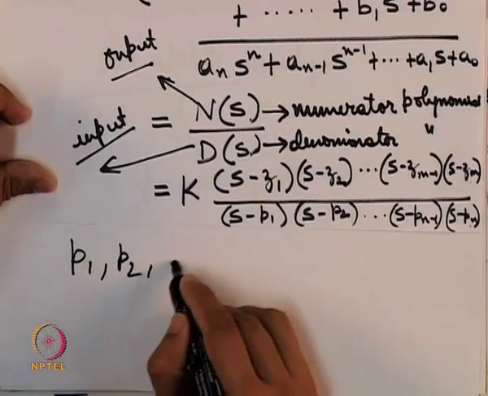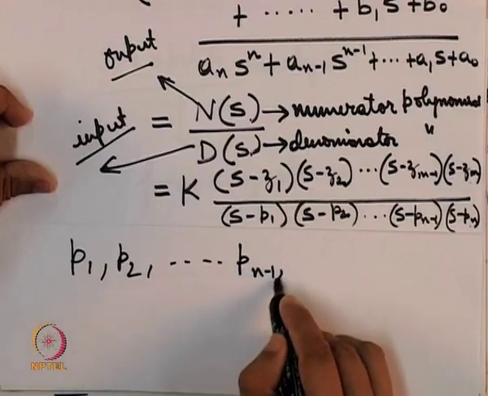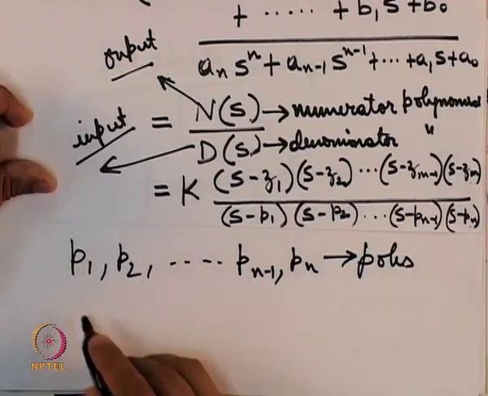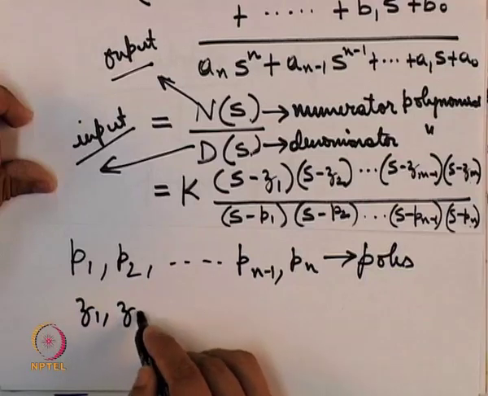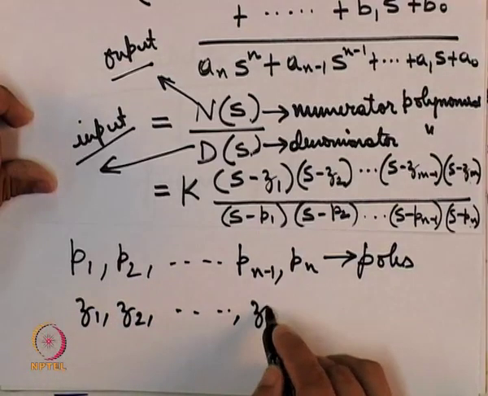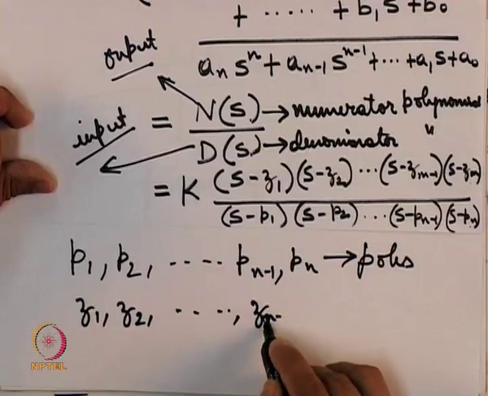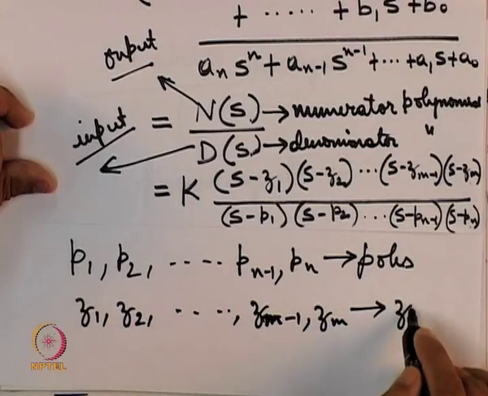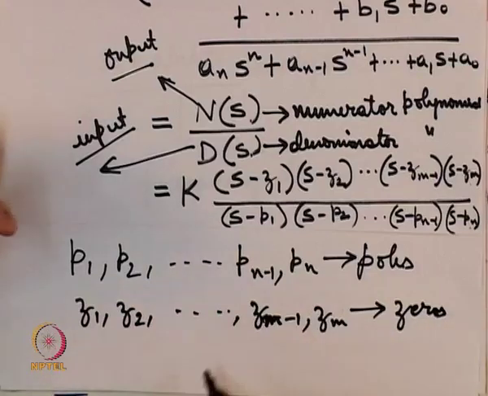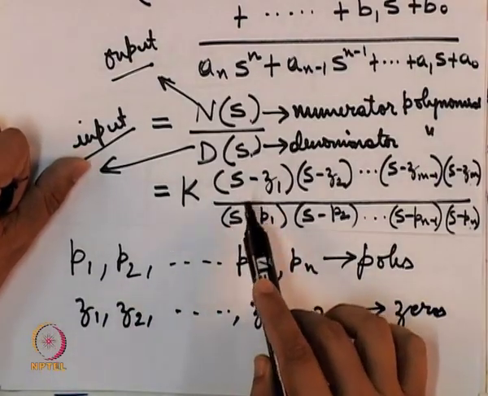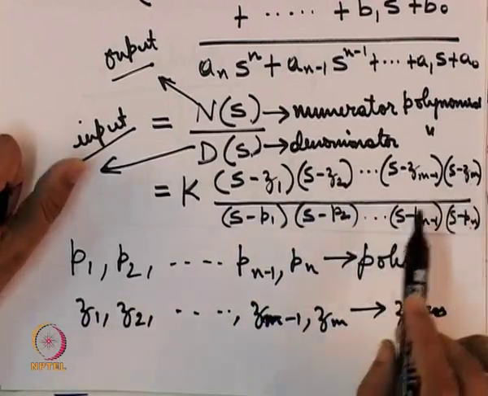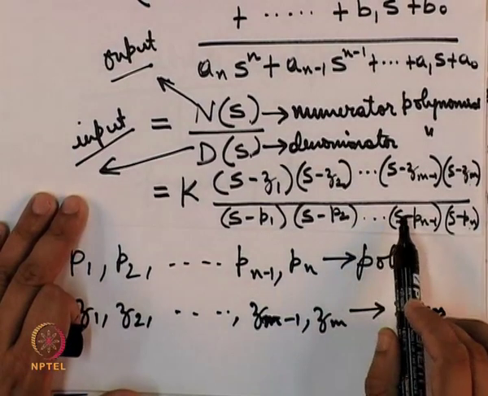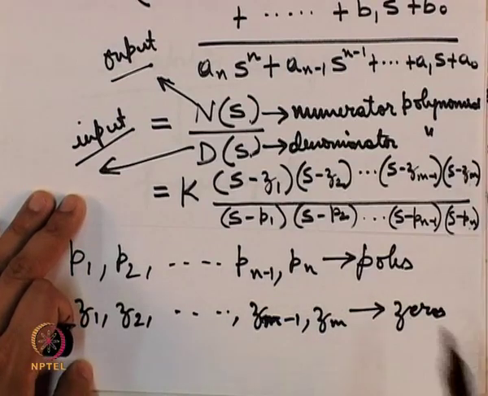P1, P2 till Pn minus 1, Pn are the poles, and Z1, Z2 till Zm minus 1, Zm represent the zeros. They are called zeros because if we make s equal to any one of Z1, Z2 till Zm, we will find that the output collapses or becomes 0. Therefore, they are called zeros.